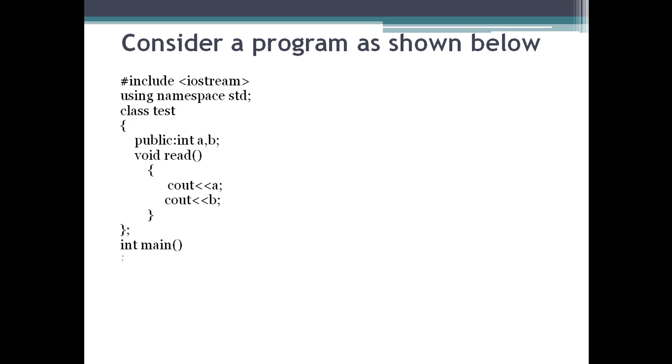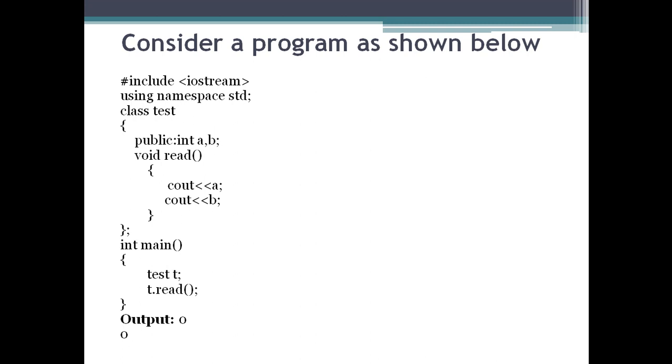Next we create an object called t, and to access the read method through the object we use the syntax t.read. If you enter the same program in any IDE, the predicted output is always 0, since we have not initialized or assigned any value.